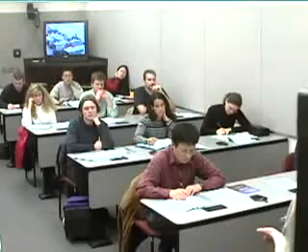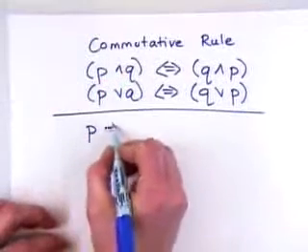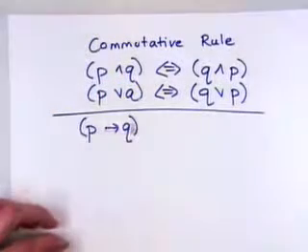Because it really depended on the hypothesis and the conclusion, which one was true and which one was false, to tell me whether the statement was true. But since AND is like multiplication, it doesn't matter what order they are. Same thing for OR. So if I have P implies Q, I can't just reverse the order of that. So that doesn't mean the same thing as Q implies P.